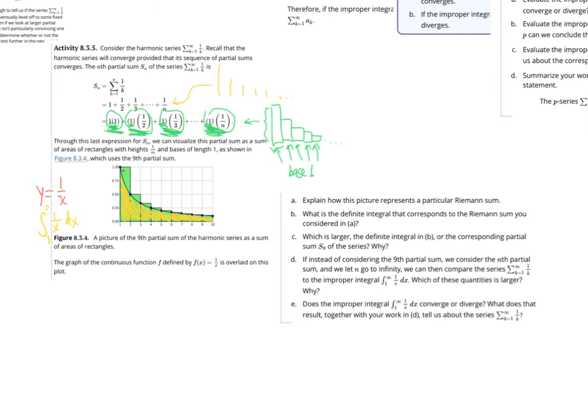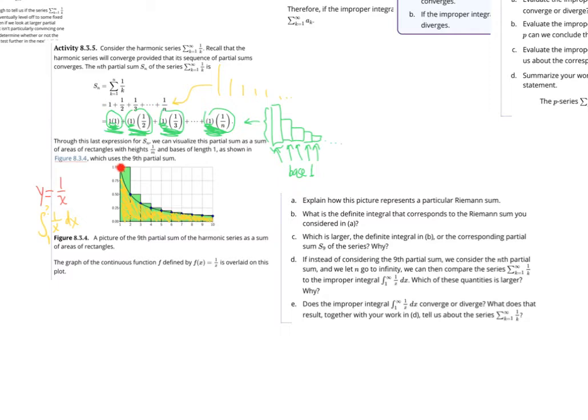If we generalize this in part D by considering the nth partial sum, which is all of this, and we let n go to infinity, that's the same as letting the upper limit of this integral go off to infinity. In other words, it's this improper integral here. The question is, which of these would be larger and why?